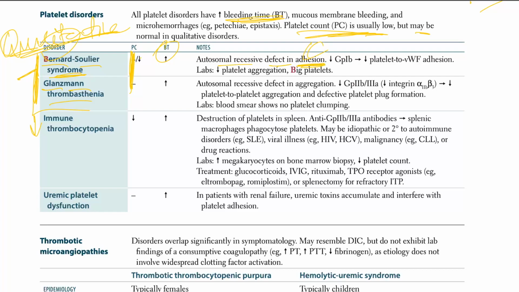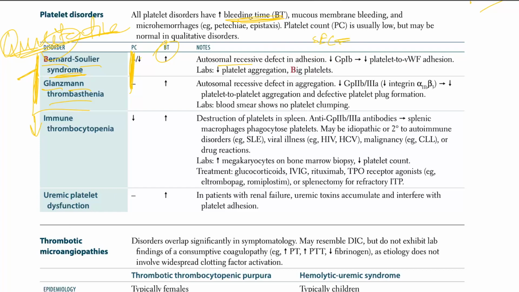How does the adhesion occur? We have the decrease in GP1B proteins. Let me just draw that here. You have the subendothelial damage.